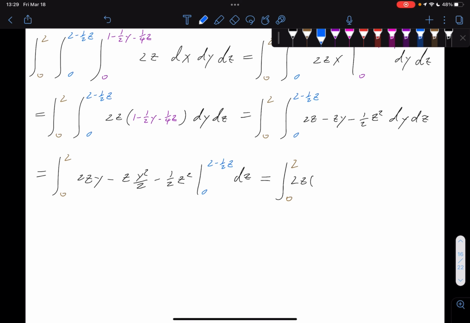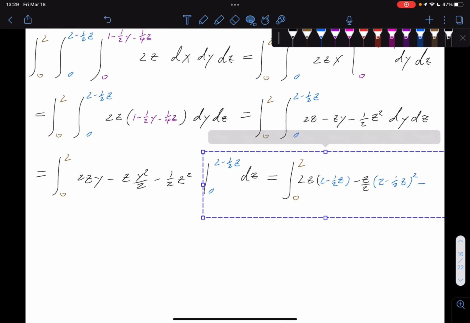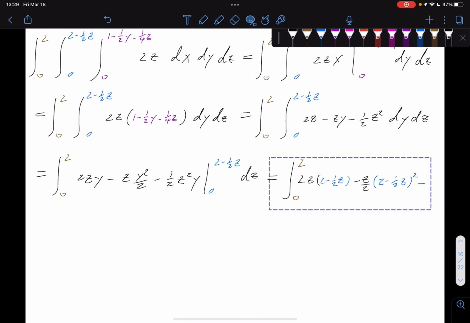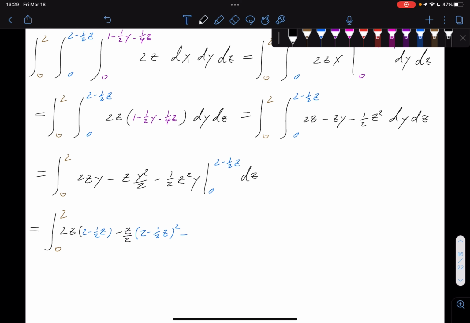So 2z times 2 minus 1/2 z, minus z over 2, times 2 minus 1/2 z squared, and then minus, actually I should put a y here, 1/2 z squared, and then y.